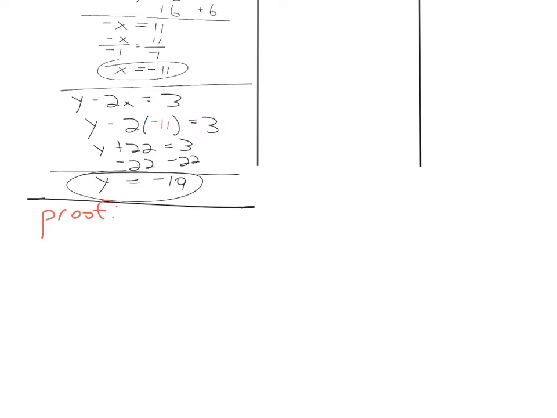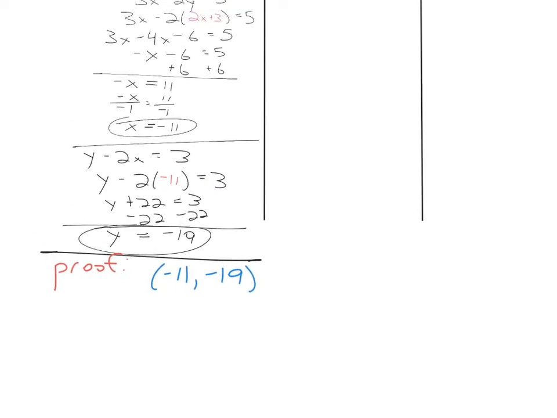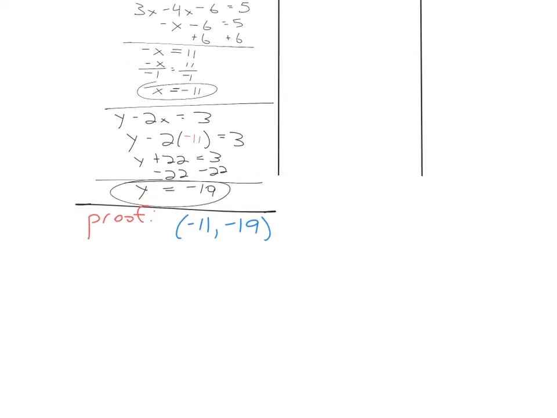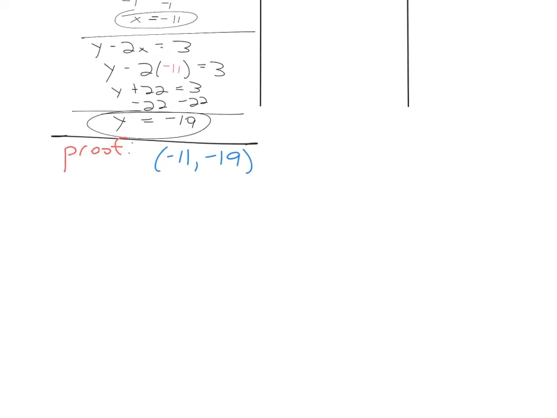And what I'm going to do is take each equation in turn, and write it before subbing in. And at the top I just want to put our coordinates of negative 11 comma negative 19. And let's do y minus 2x equals 3.